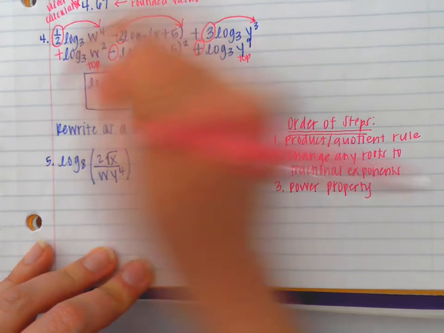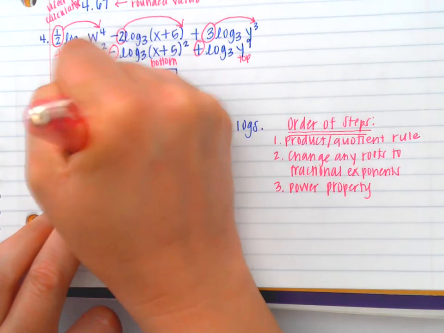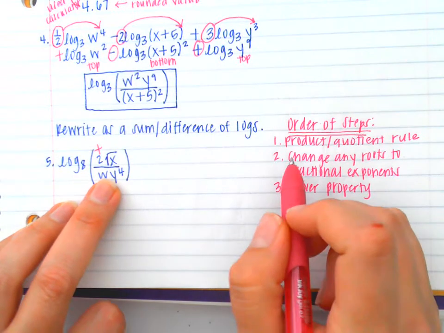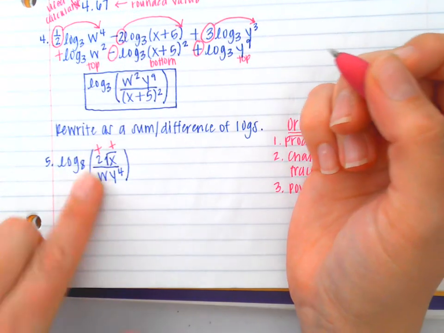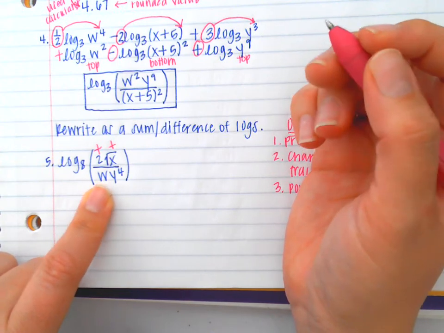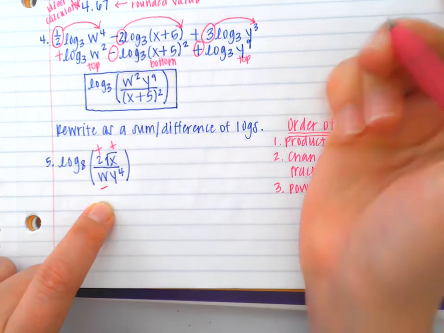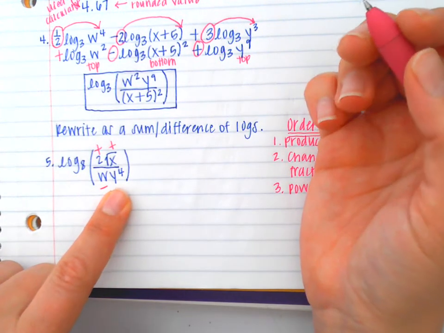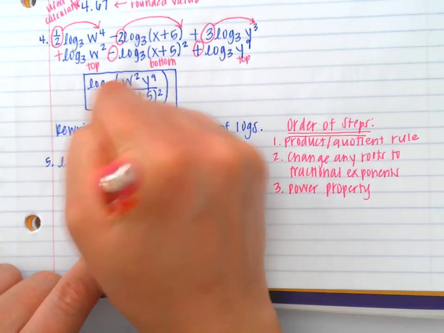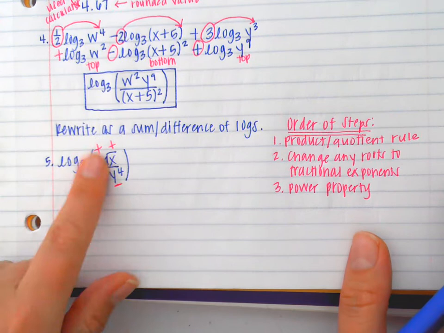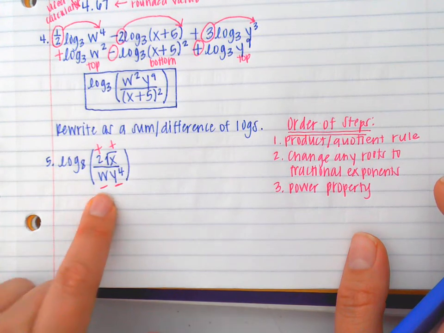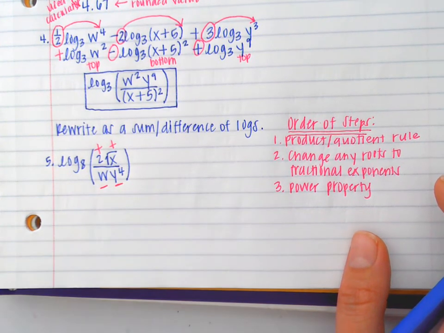This is on top, so we're going to separate it using addition. This is on top, we're going to separate it using addition. W is on bottom, so we're going to separate it using subtraction. And y to the 4th is on the bottom, so we're going to separate it using subtraction. So top is always separated by addition. Bottom is always separated by subtraction.